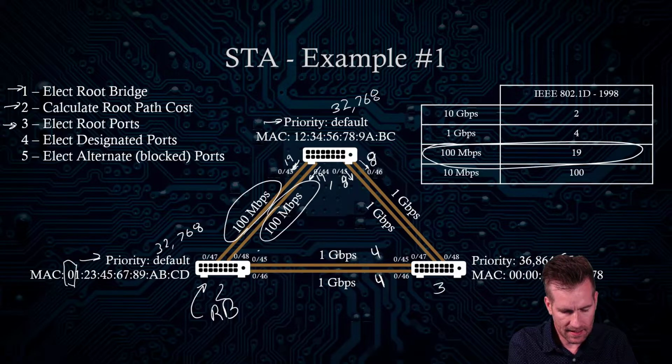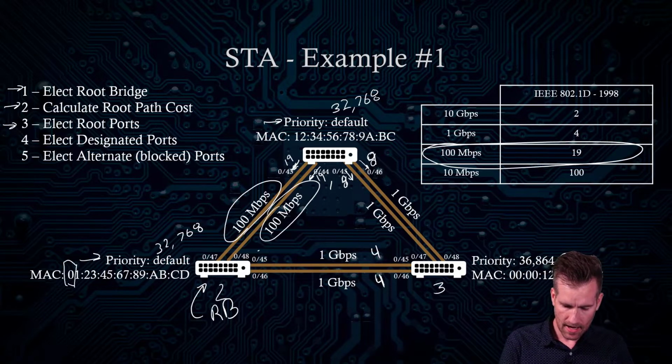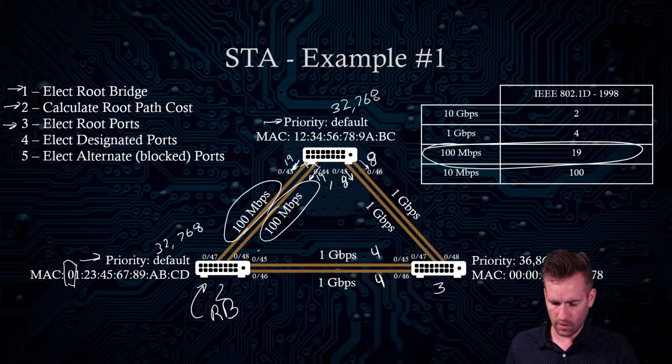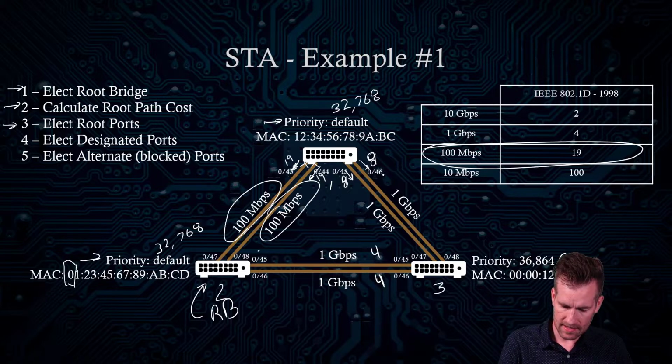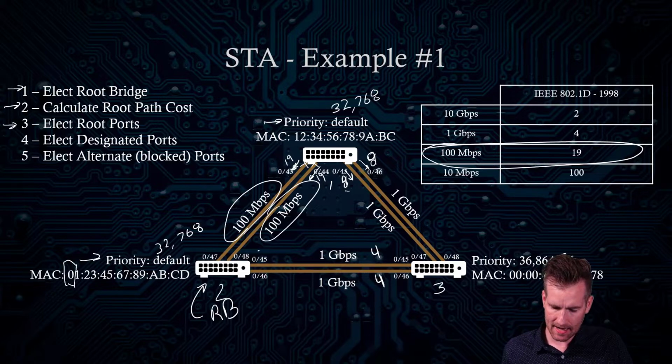The next one is we need to elect root ports. So we take a look at this and we say, well, these two on switch 1 are not going to be root ports. So it's got to be one of these other two, 045 or 046. And so if they are the same cost, which they are, then we look at what the sending port ID is.